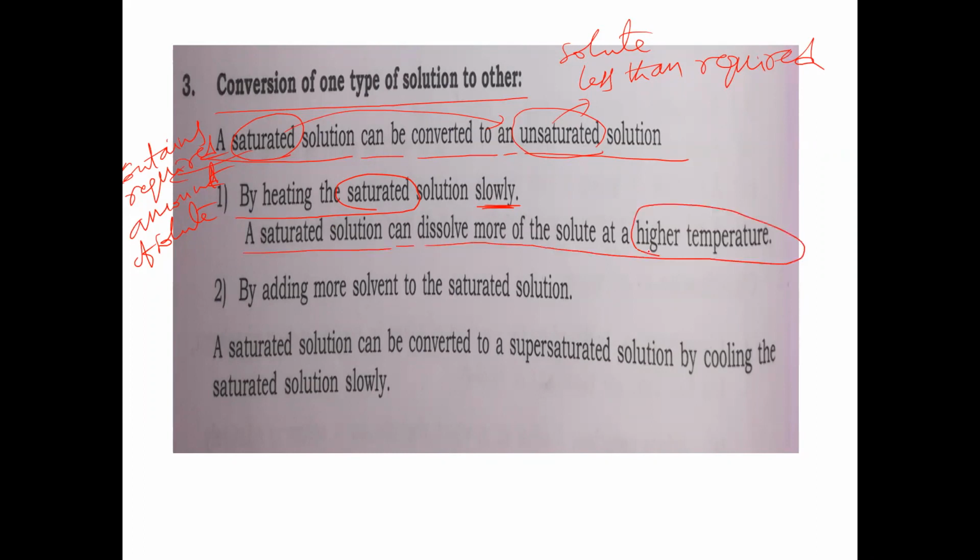At a particular temperature, a saturated solution cannot dissolve more. But when you increase the temperature by heating, the saturated solution can dissolve some more amount. Then it becomes unsaturated, since the required amount was already there in the saturated solution.